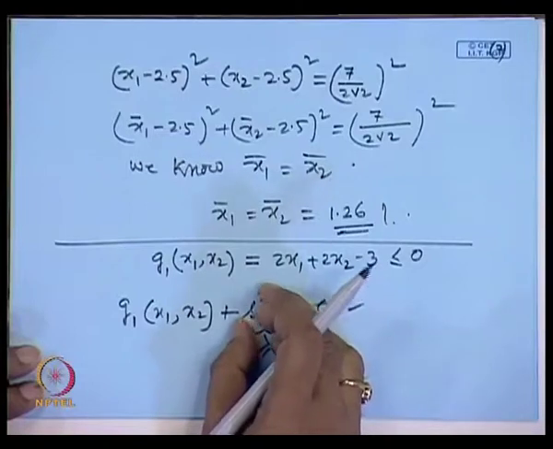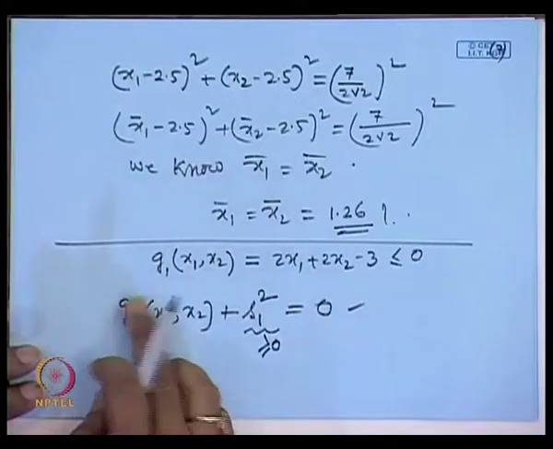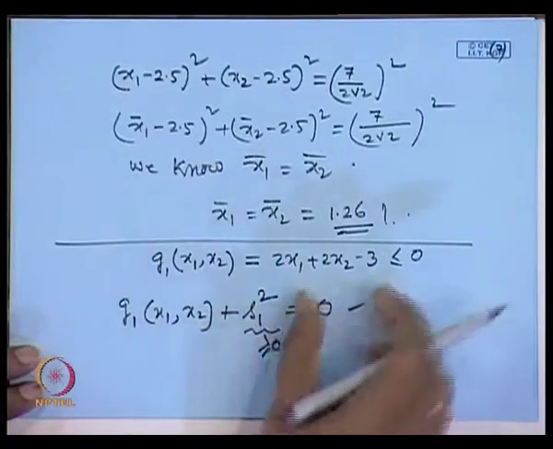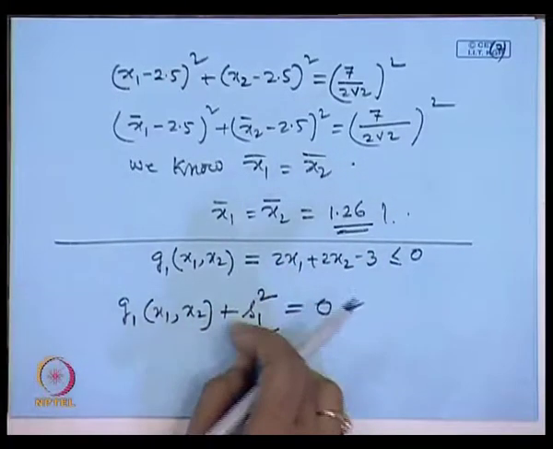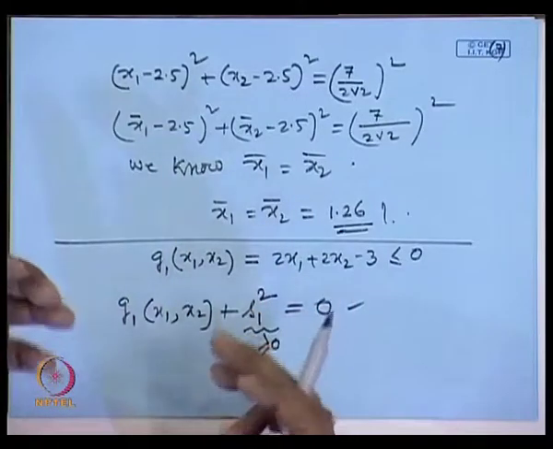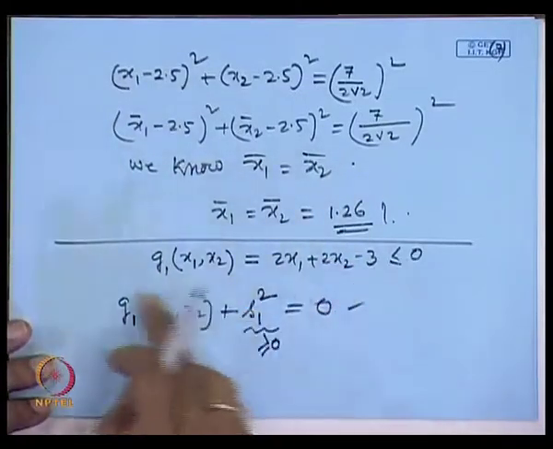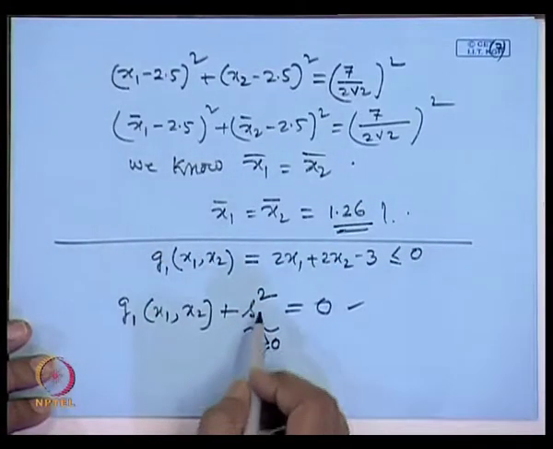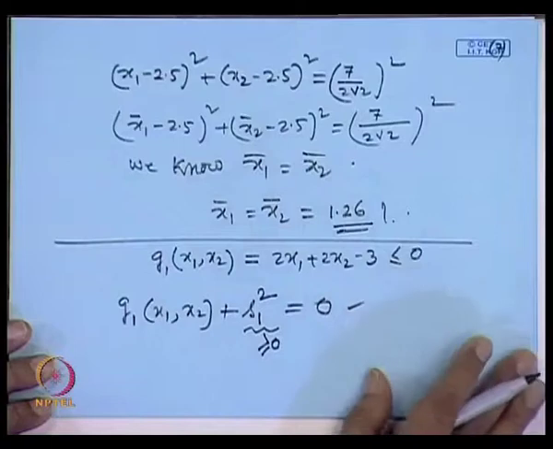If s1 square is negative, it indicates that G1 is always negative, and if that happens, it violates our given constraint. So that s1 square should always be greater than or equal to 0.